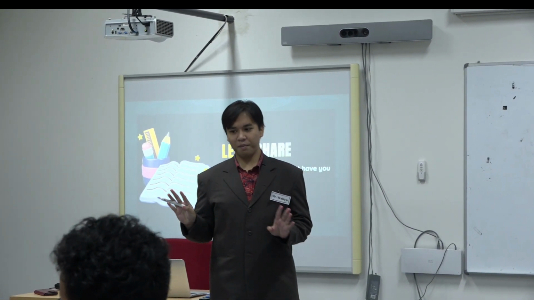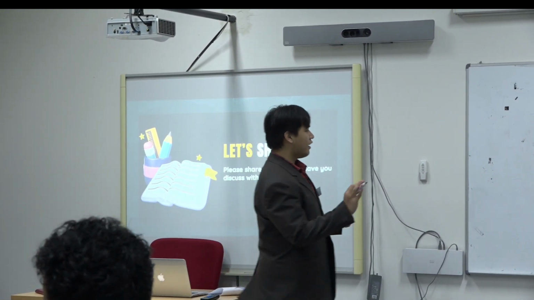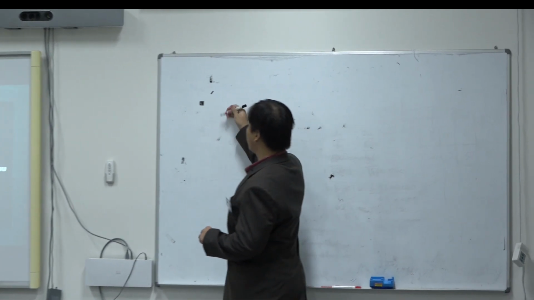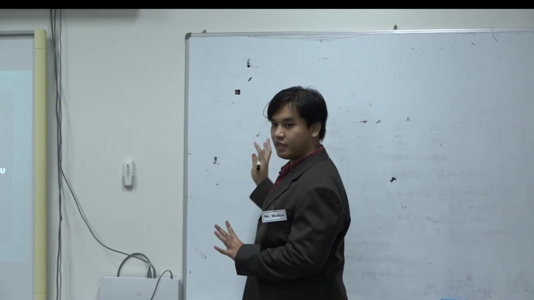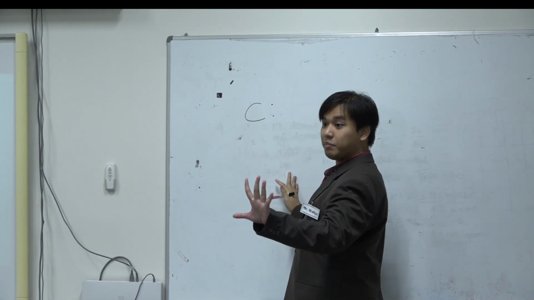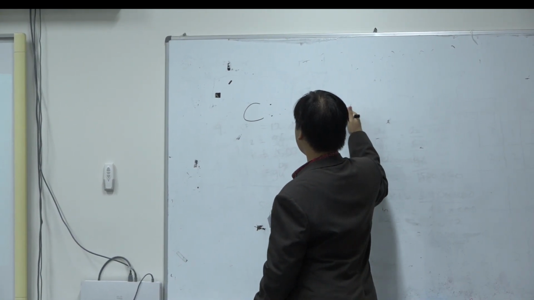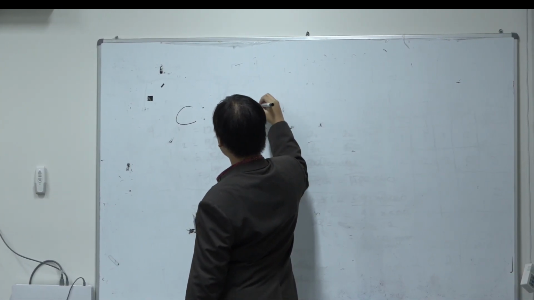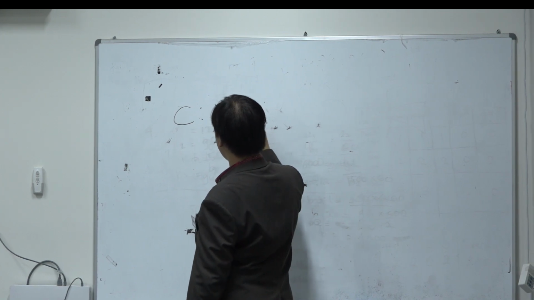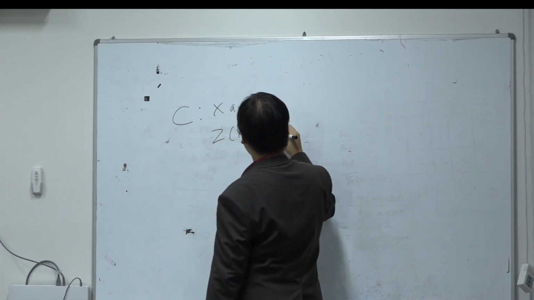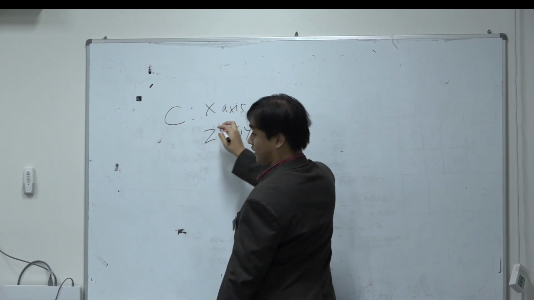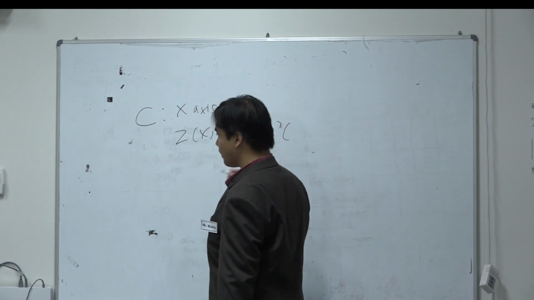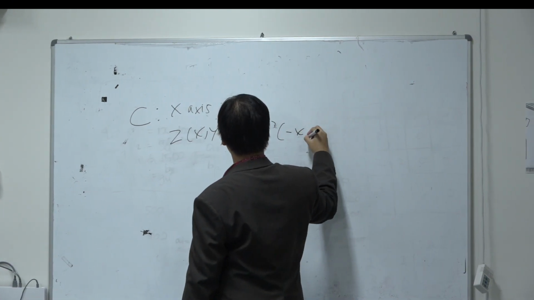Okay. Let's think about this carefully, right? Let me go to the board here. So for group C, I'm just going to put a big C here so that you can see. It's a big classroom, right? So let's say for the x-axis, it is said that z, x comma y goes to z apostrophe, if I'm not mistaken, negative x comma negative y.